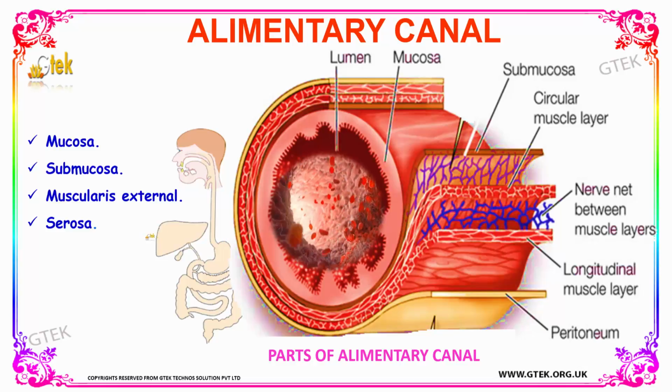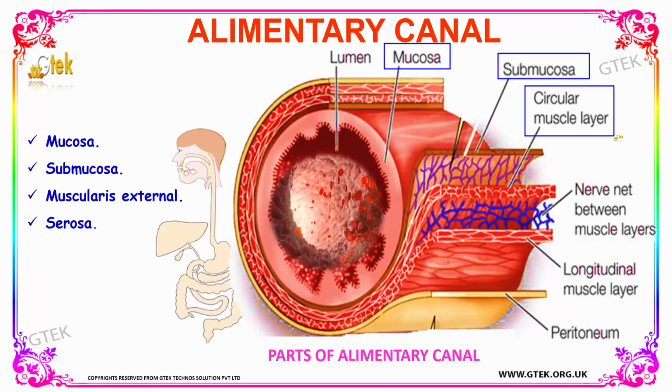As you can see, it has mucosa, inside which is the submucosa. Surrounding your submucosa, there is a circular muscle layer. And this is a longitudinal muscle layer.